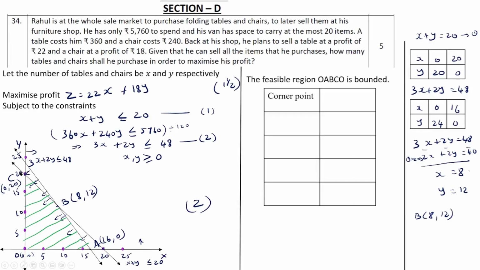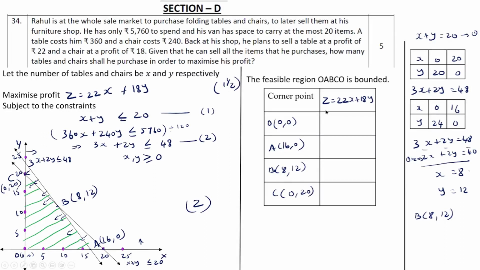So let us draw a table with corner points in one column and the value of z in the next column. z is 22x + 18y. The various corner points are O (0, 0), A (16, 0), B (8, 12) and C (0, 20).